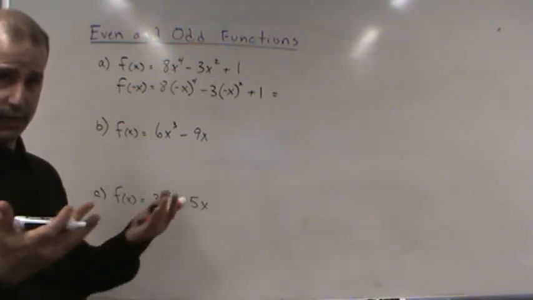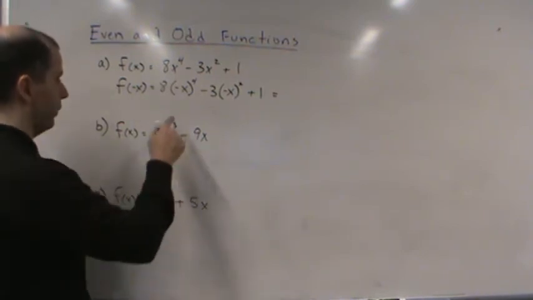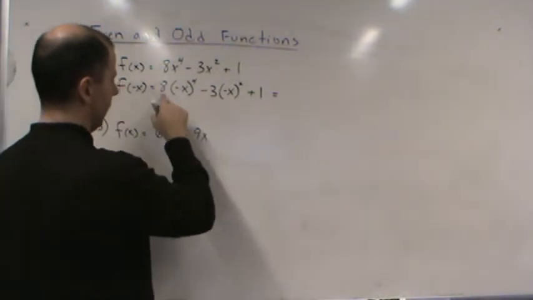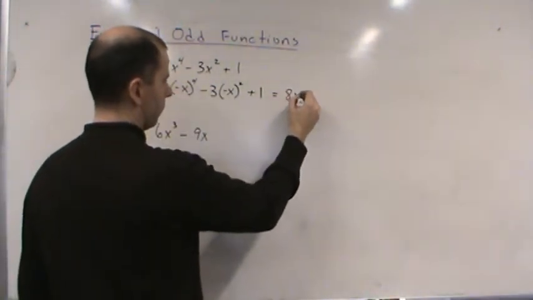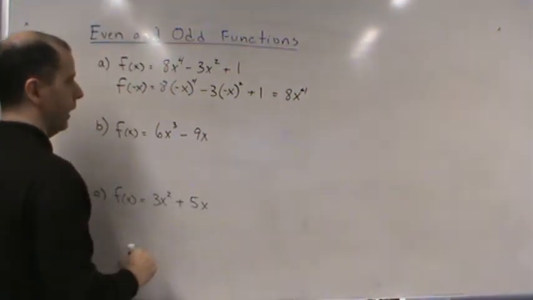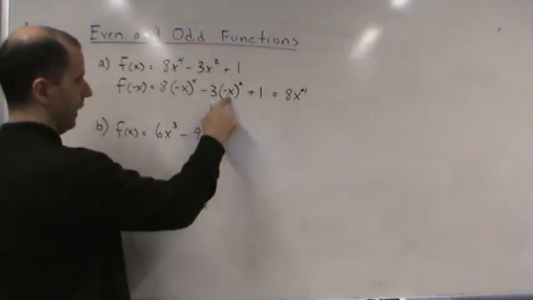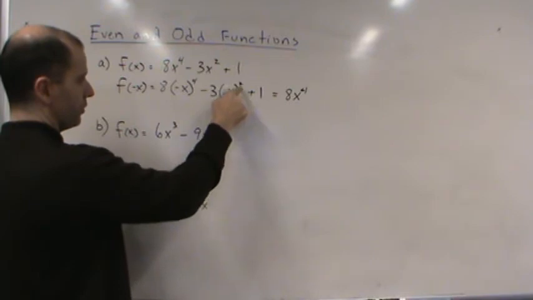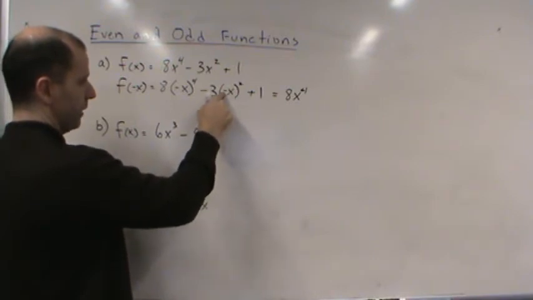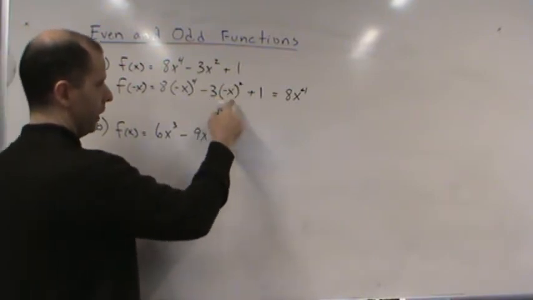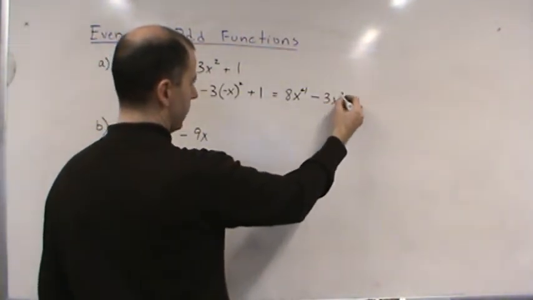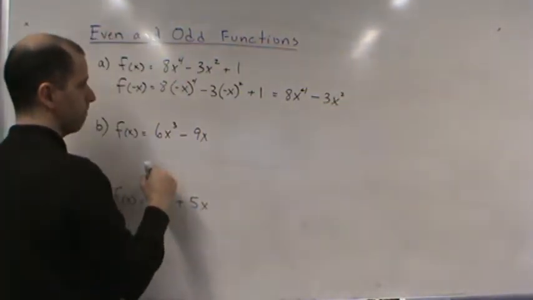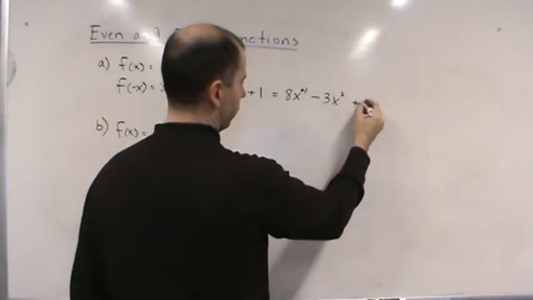That means I'm going to get 8x to the fourth. And then here, negative x squared is also going to be positive, negative times a negative, so this is going to be minus 3x squared. And then plus 1.